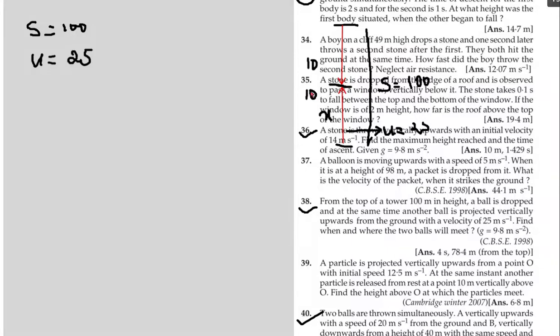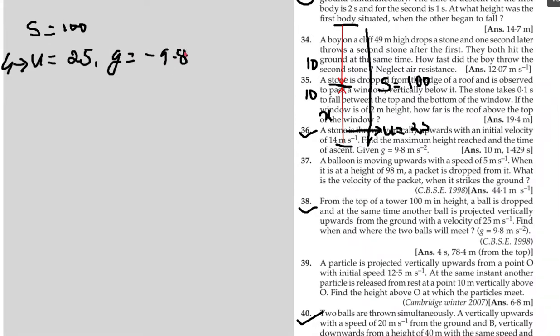So the time is the same for both. For the ground particle, g will be 9.8.